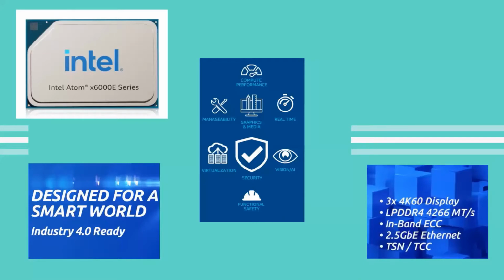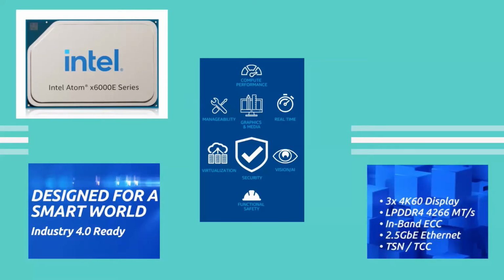Another good example is the Intel Atom X6000E series, which offers great performance and next-generation graphics with integrated assistance for real-time computing, Ethernet, functional safety, and industry-focused inputs and outputs.